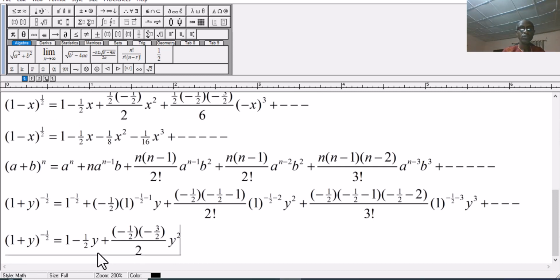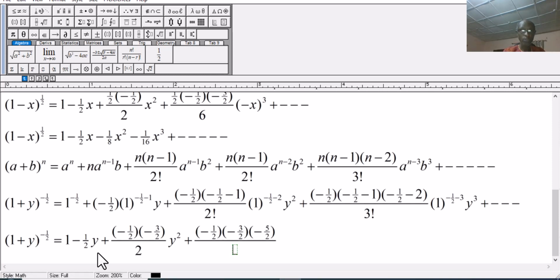So plus the next one that we have there is minus half, minus 3/2, minus 5/2.